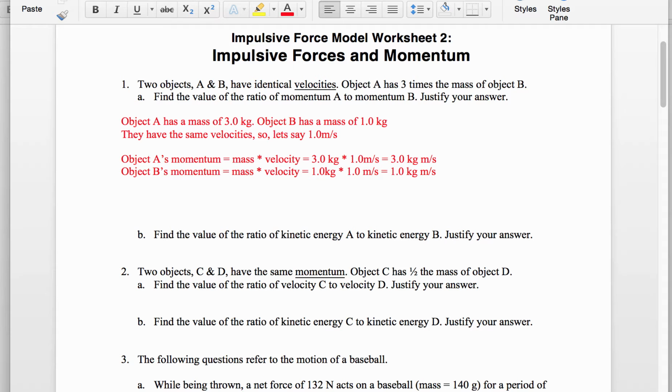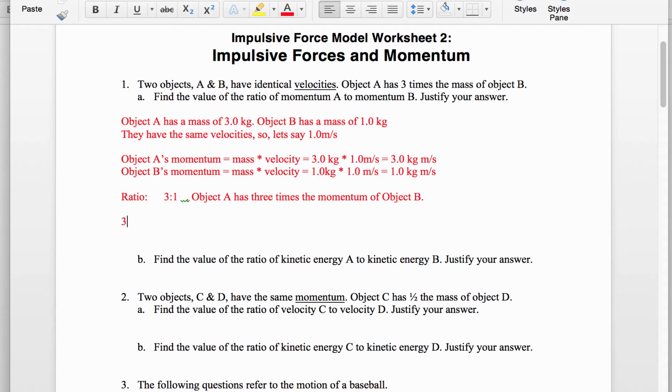How many times bigger is one object than the other? Mathematically, you're just dividing them, but the ratio is, look up ratios, Google ratios. It's 3 to 1. Or object A has 3 times the momentum of object B.